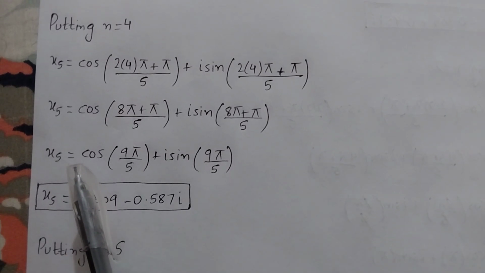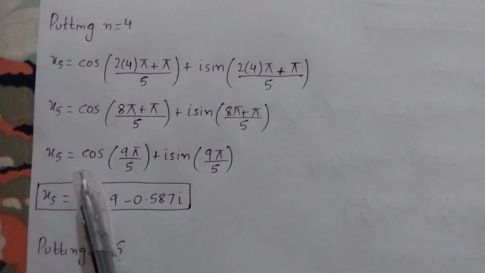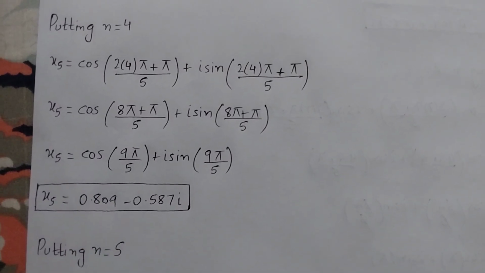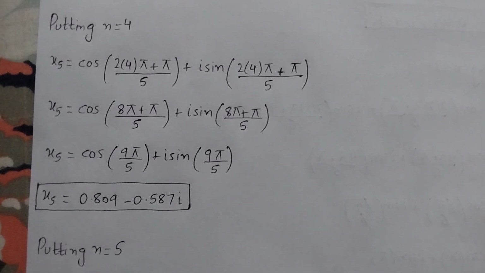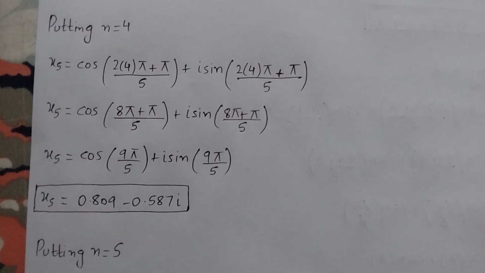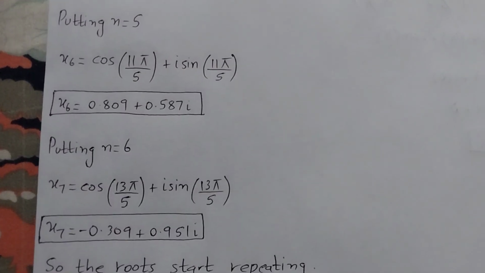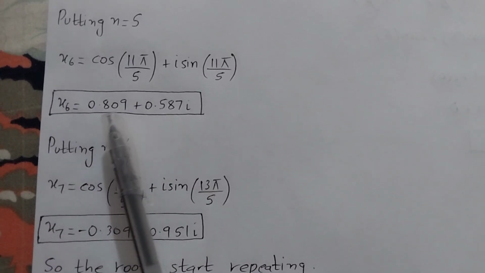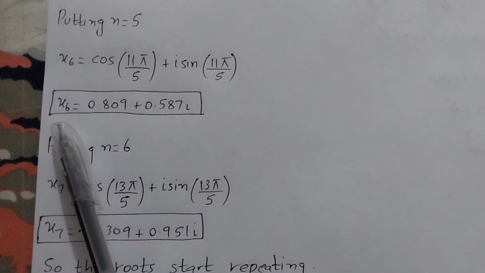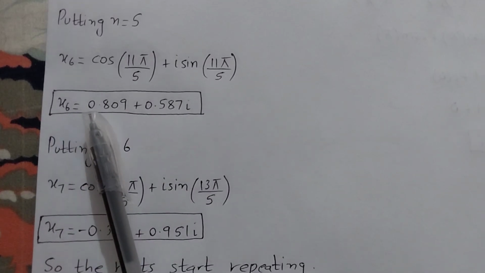Now we need to verify whether, if we put any further values of n, we get different solutions or not. We should have the same solutions because the number of roots should be 5, as the degree of the equation is 5. So when we put n equal to 5, we end up with 0.809 plus 0.587 iota, which is the first solution, the same as x1.